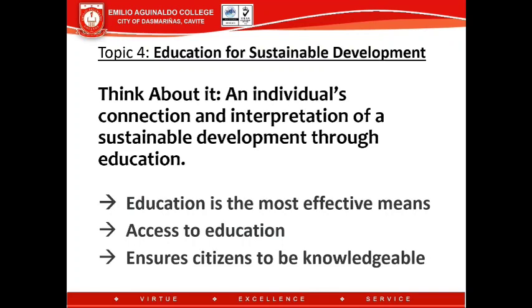Education can ensure that all citizens, young and old, are knowledgeable about the changes that are needed, capable of envisioning alternative futures, committed to the democratic ways of achieving them, and sufficiently skilled and motivated to work actively for change. This is education for sustainable development.